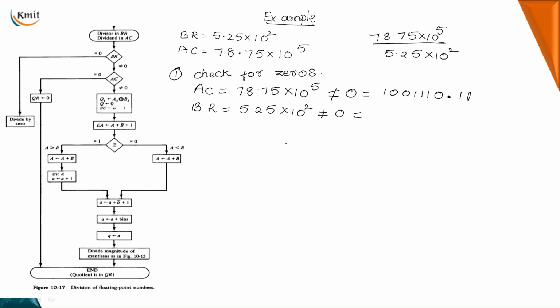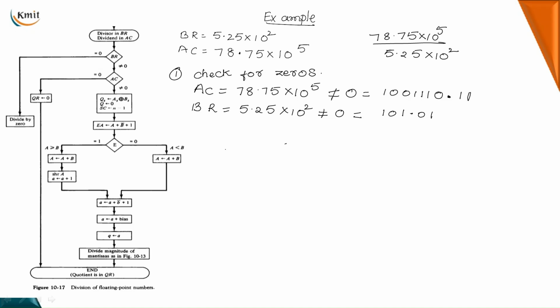You know how to convert a floating point number into a binary number; you can refer to the previous videos. Coming to BR, the binary representation of 5 is 101, and for 0.25 the binary representation is 01. So this is the binary representation of my two operands, which are stored in AC and BR.